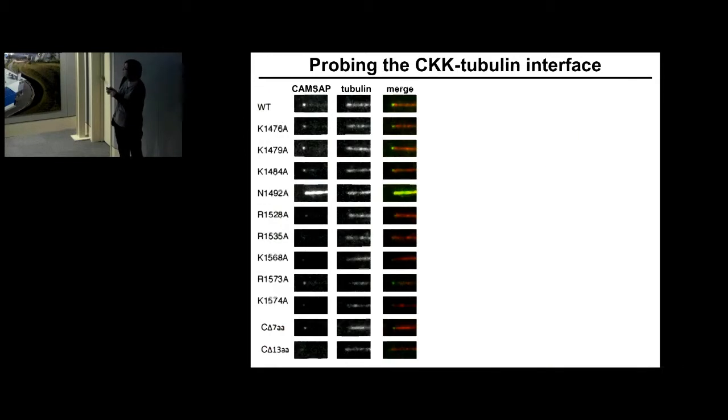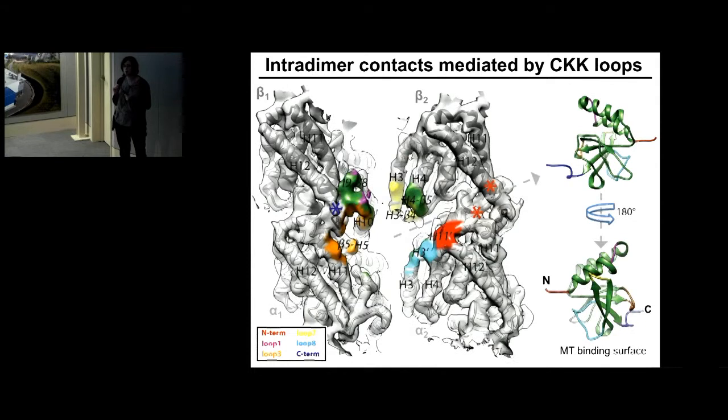What we then, of course, wanted to do was to investigate the ways in which those interacting regions were affecting the interaction of the protein with the microtubule lattice, and then start to reformulate our ideas about our structure on the lattice in terms of thinking about end-binding protein, because we would like to know that the structure we've solved here has some relevance for the interaction with the microtubule ends.